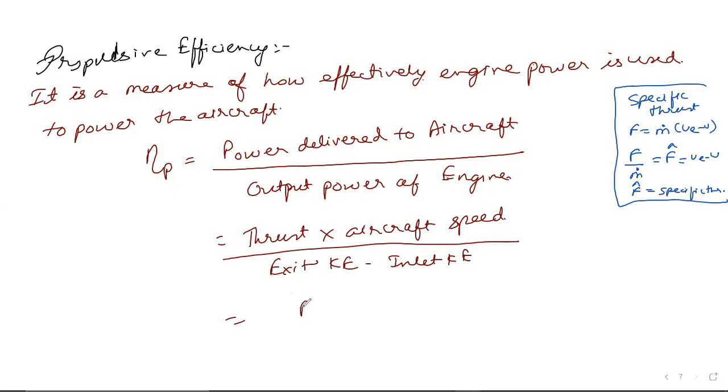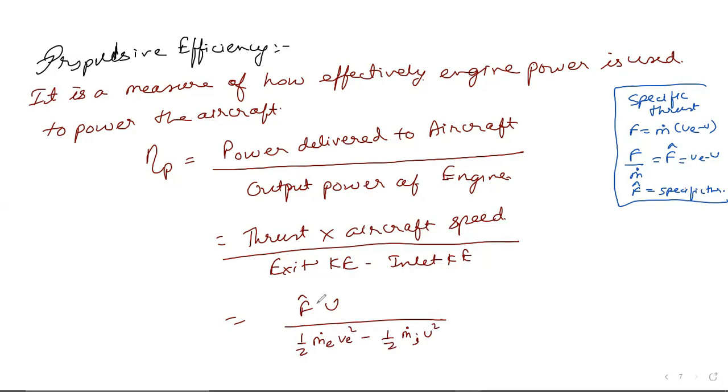So technically it is F U divided by half m_e UE square minus half m_i U square, where UE is exit and U is inlet.